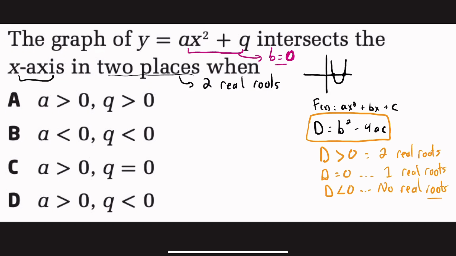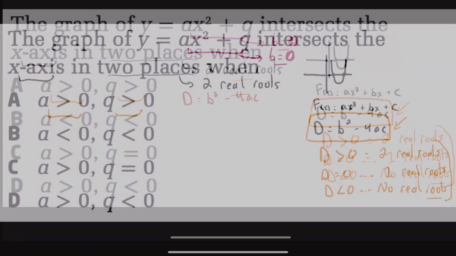So for this question, we're going to test each and every one of these scenarios, A through D, by plugging the b, a, and c values into this discriminant formula here and see which one gives us 2 real roots based on these rules here.